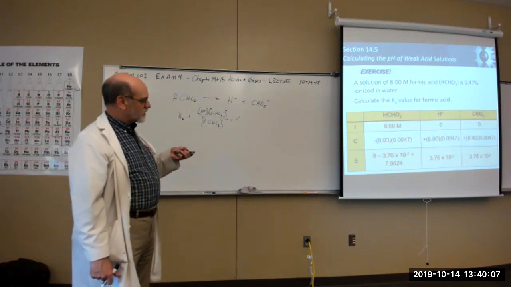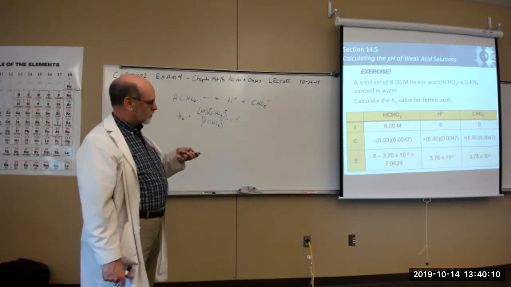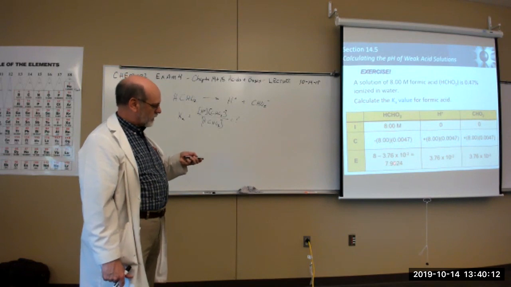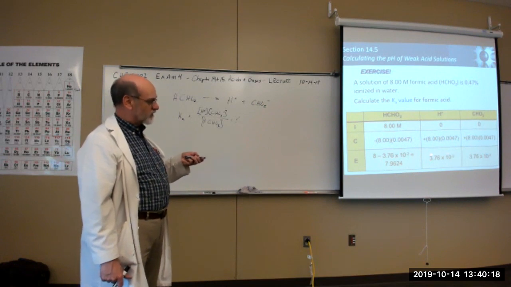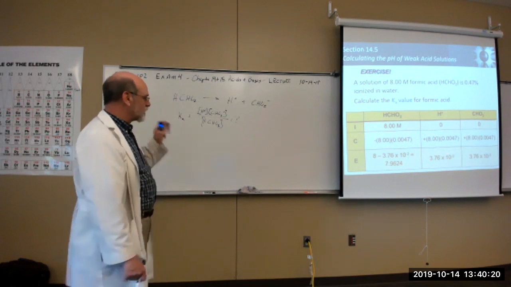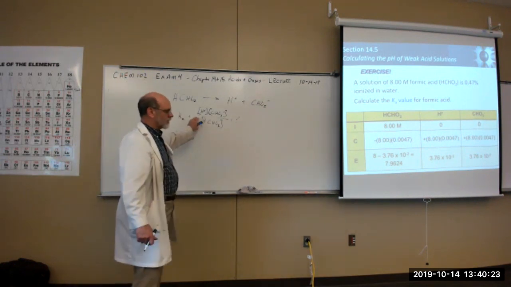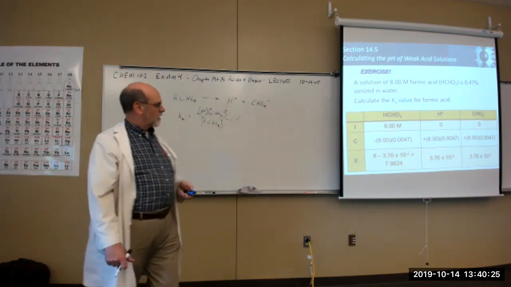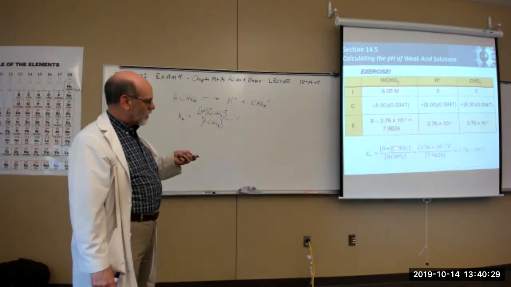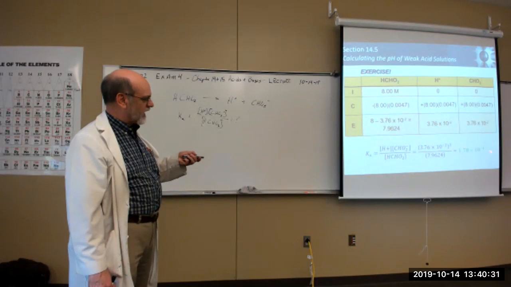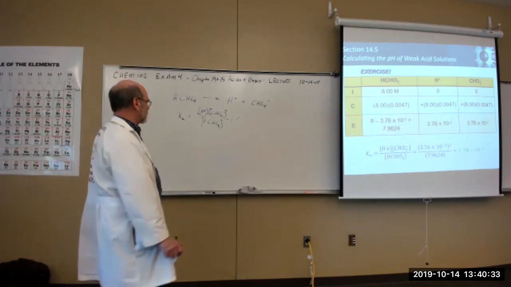So if we do the calculation, we can say this one subtracted from that one gives us this one. So it's not a lot of change there, but we get a small amount of this one and this one. Now that we know those values, we can plug them in here and determine our Ka for formic acid, 1.78 times 10 to the minus 4.